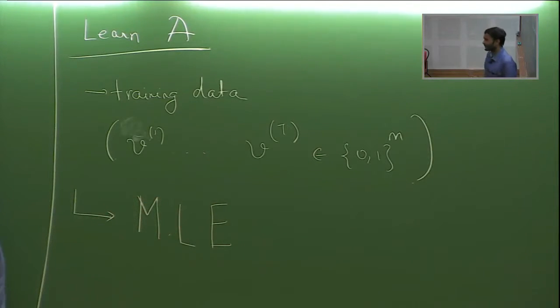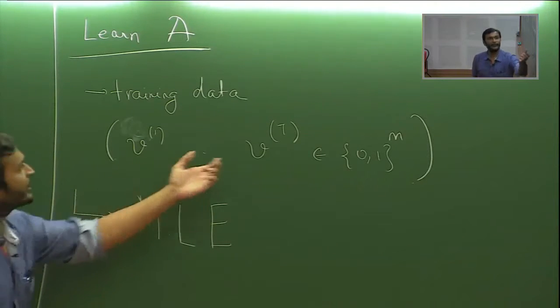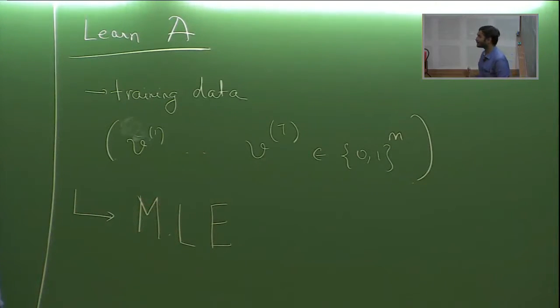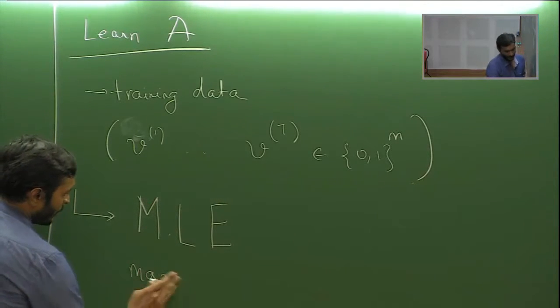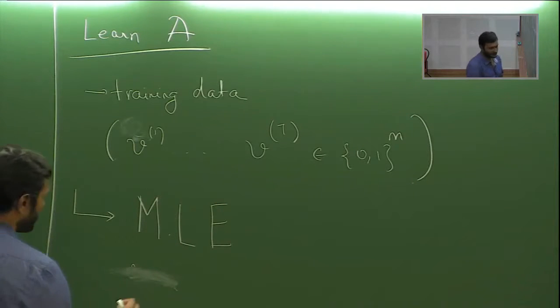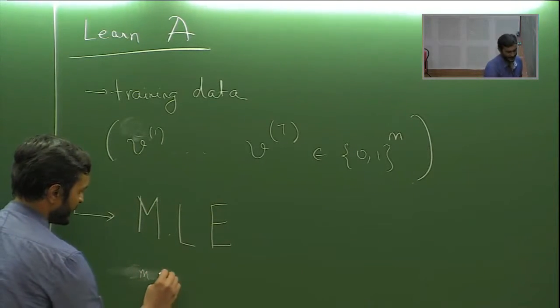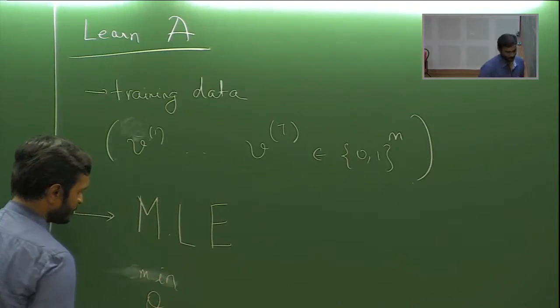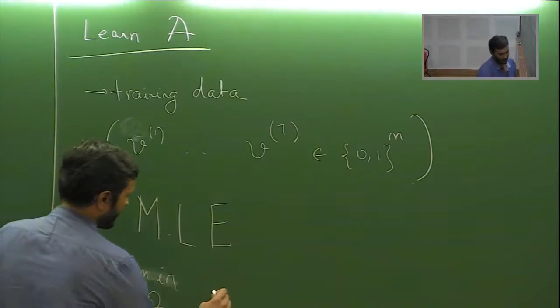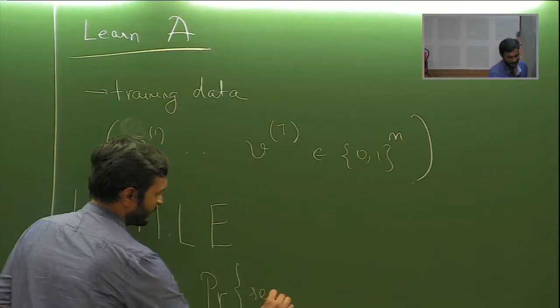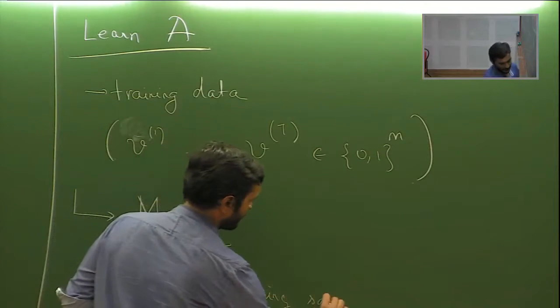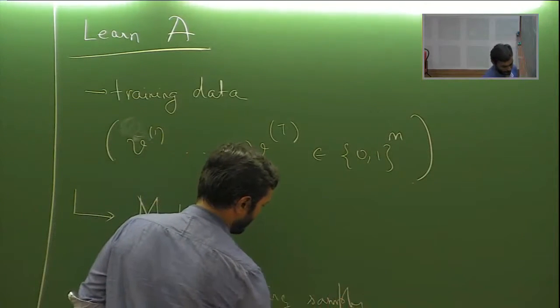That's the question we ask, and we'll assume that V1 to Vt are independent samples from the distribution. So what we're asking is the maximum over theta, or minimum over theta depending on whether we want to maximize or minimize the energy, of the probability of seeing samples V1 to Vt.